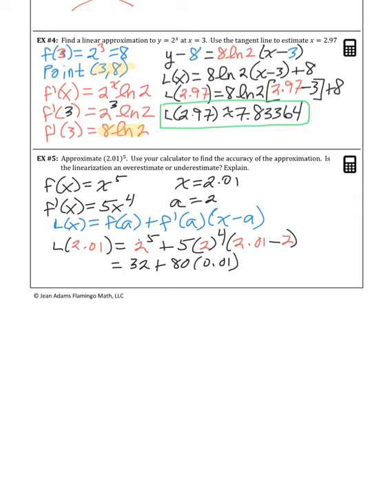And so when you finish all that up, 80 times 0.01 is 0.8. So 32 plus 0.8. So that means our approximation, L of 2.01, is approximately equal to 32.8.